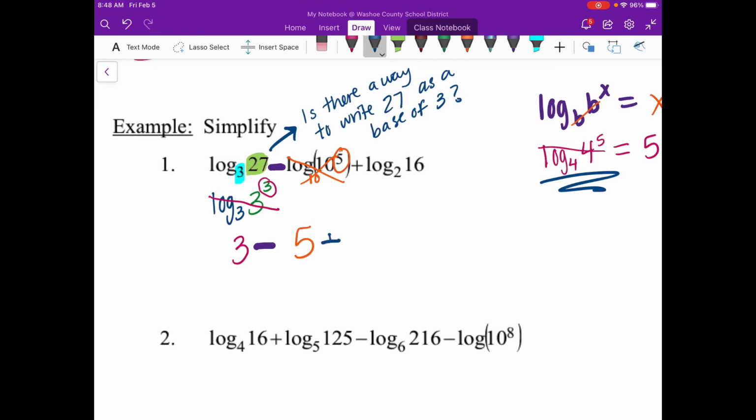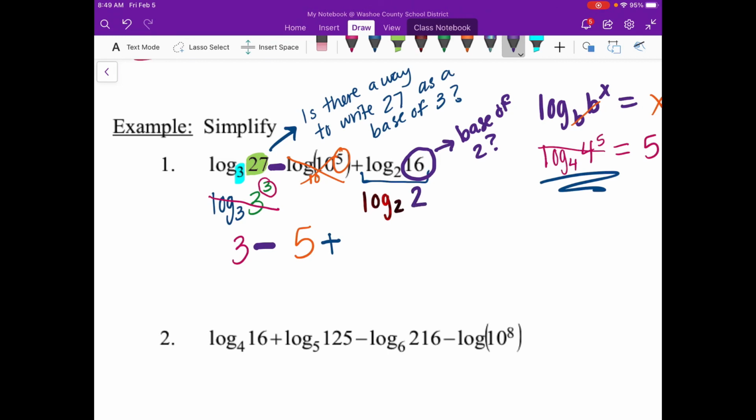Keep going here. I have the plus next, and then I'm focusing on this right here. When I rewrite 16, I want to try to write it with the base of 2. That way I can apply that again.